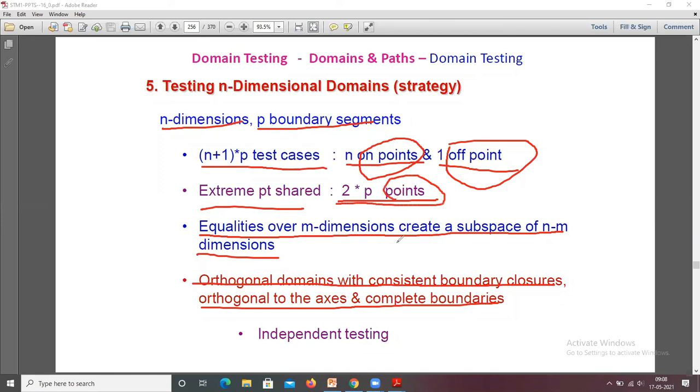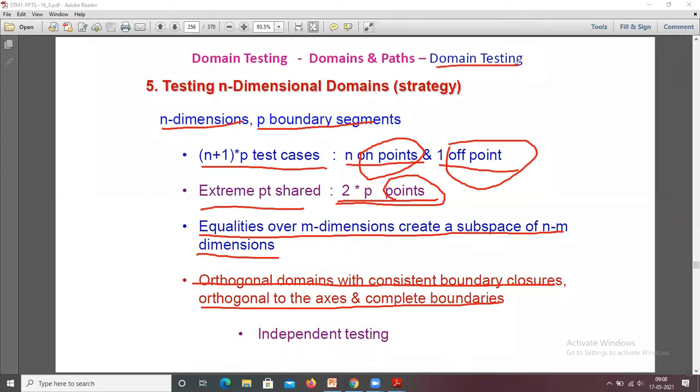Domain boundaries which are orthogonal to the coordinate axis have consistent closure and extend over the entire number space, and can be tested independently of other boundaries. Equality predicates defined over m dimensions, where m is less than n, create a subspace of n minus m dimensions. So this is about domain testing strategies.